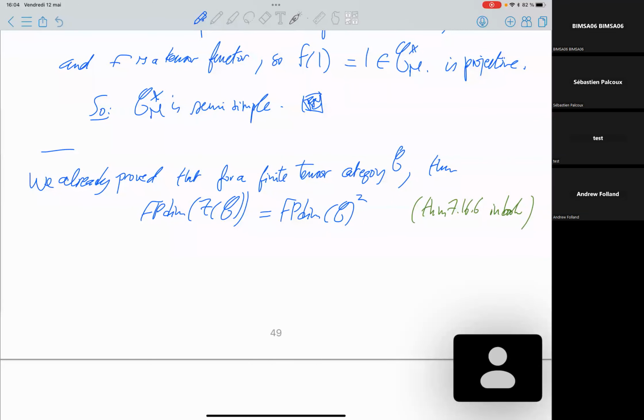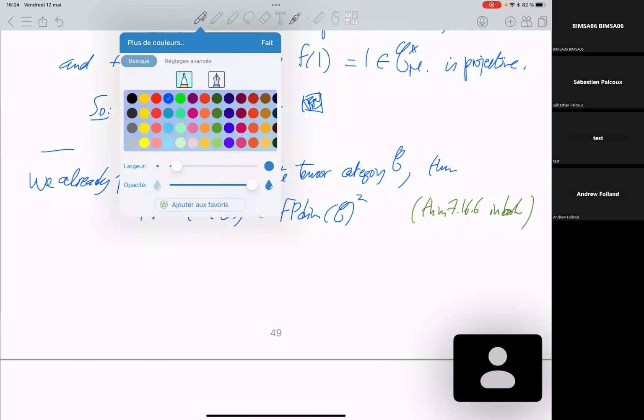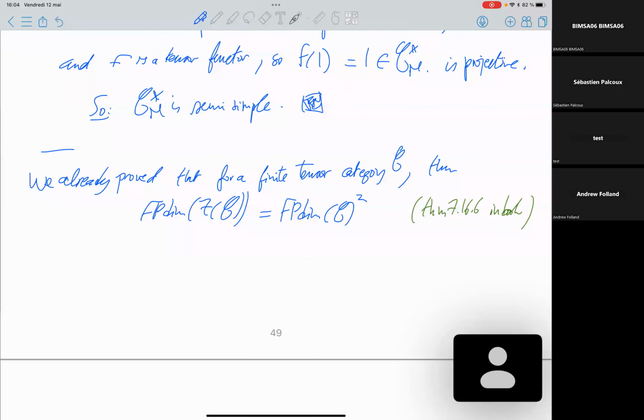And we will prove this result for the categorical dimension. So for a general fusion category, the same holds for the categorical dimension.